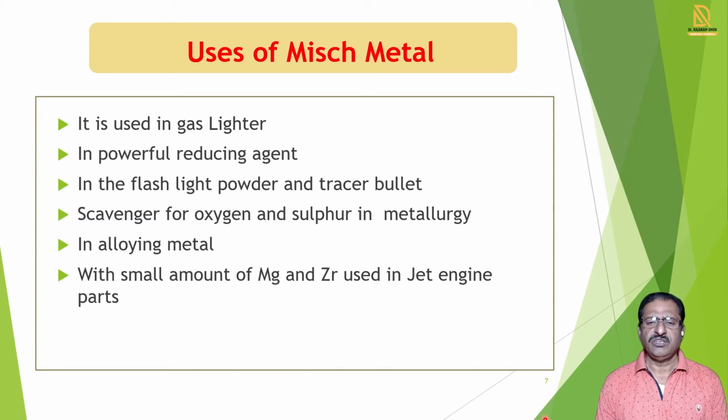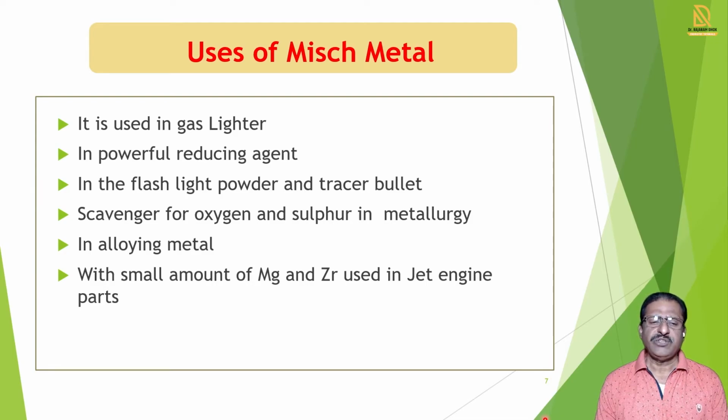Generally in rural or interior areas, there is dark, and in that dark if there is necessity of certain light, then with the help of flashlight powder or tracer bullets, such light is increased.